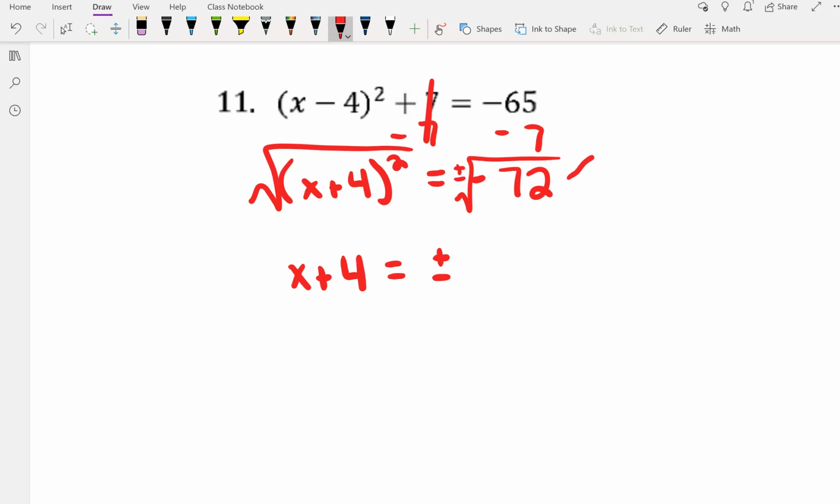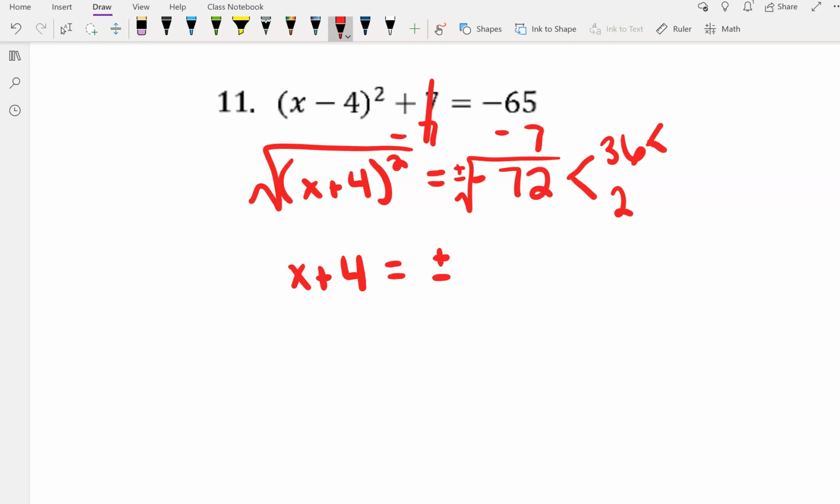I'm going to break down 72. Think about perfect squares that go into 72. I know 9 goes in, but I'm thinking even bigger. Think of your perfect squares. We have 9, we have 16, we have 25, we have 36, which does go in 2 times. 36 goes in 2 times. If you had done 9, that's fine.